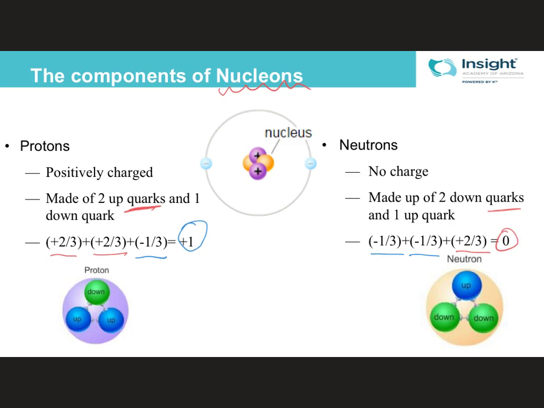Protons are definitely positive, but they have some negativeness inside them. Neutrons are definitely neutral, but they have some positive and negative charges inside them too. And that is what makes nuclear chemistry so interesting.